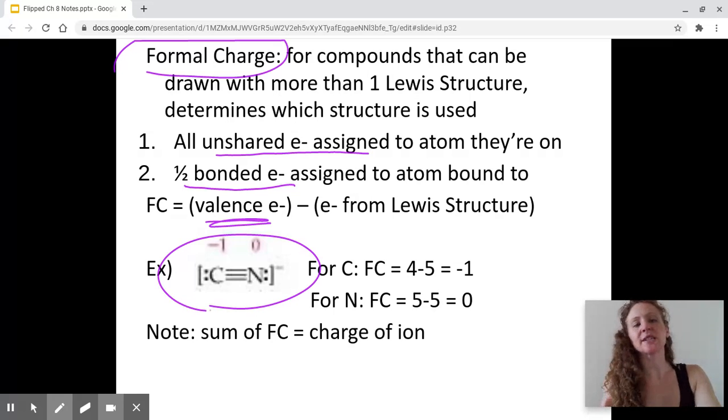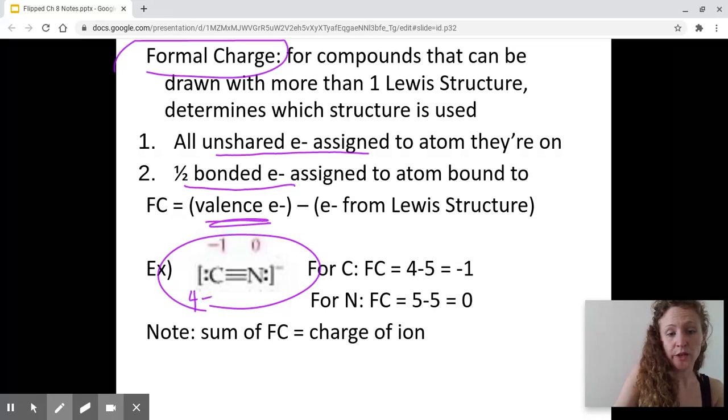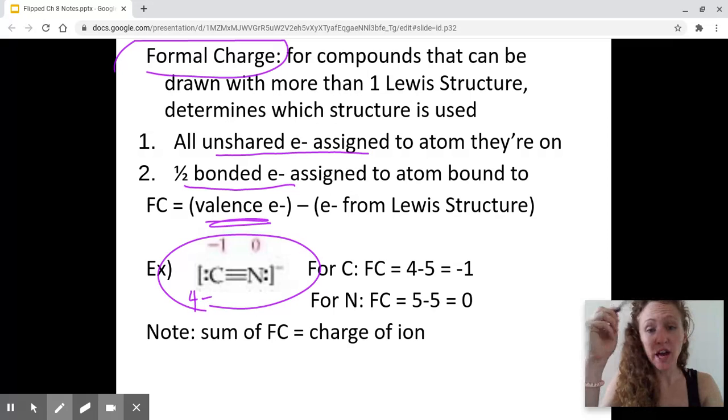Let's practice calculating formal charge on the cyanide ion really fast, and then I'll show you how this works with boron trifluoride that we looked at before. If we're going to calculate formal charge for carbon, we take the valence electrons from carbon, which is 4, and subtract all the unshared electrons plus half of the bonded electrons.